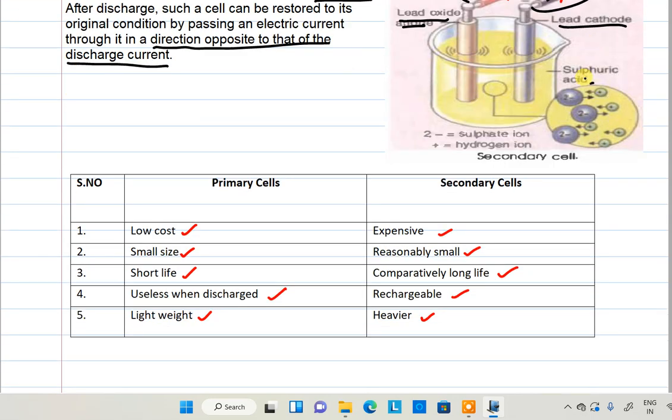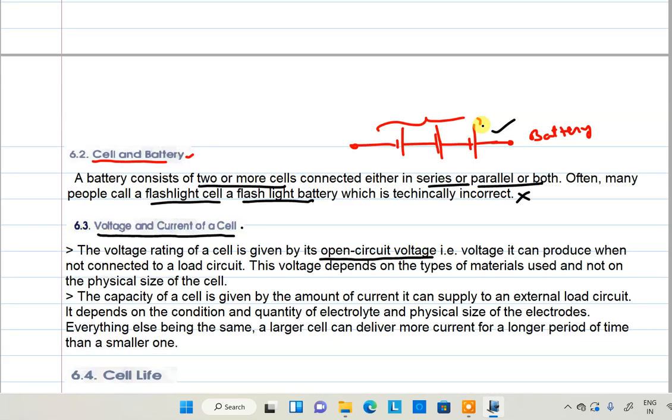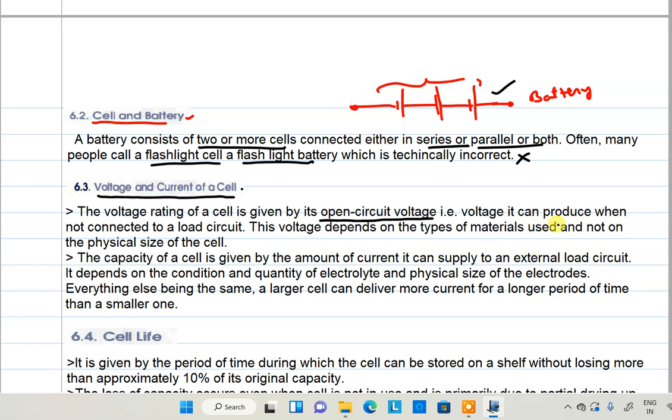That open circuit voltage is the voltage produced when not connected to the load. That is the voltage rating of a particular cell. This voltage depends upon the type of material used, not on the physical size of the cell. Very important: voltage does not depend upon the size of the cell.